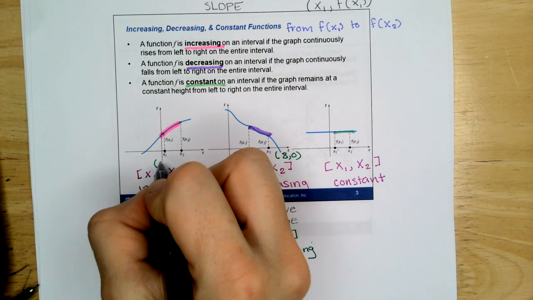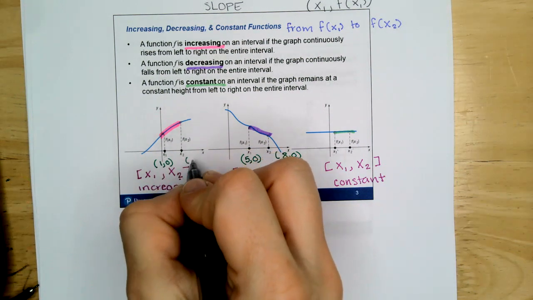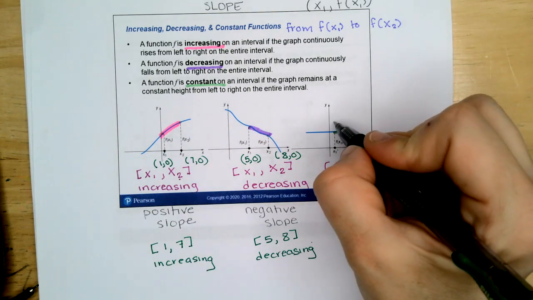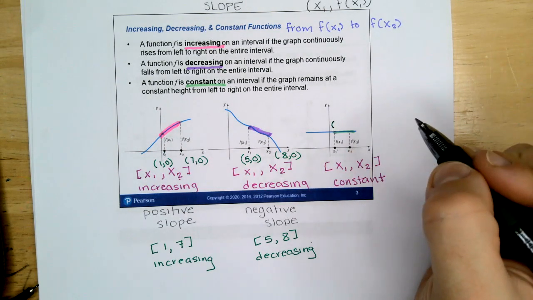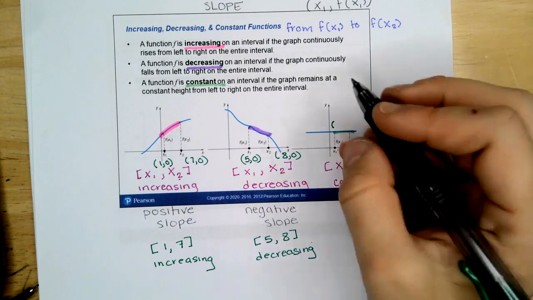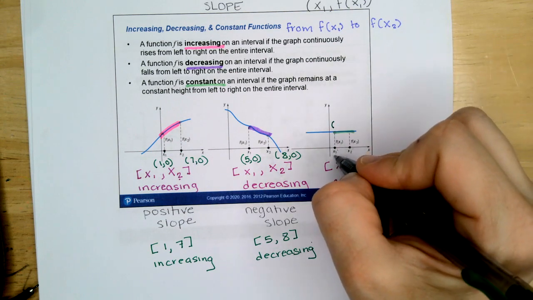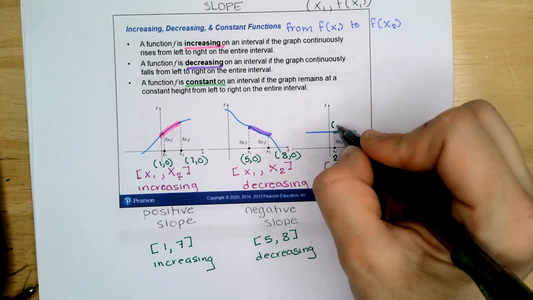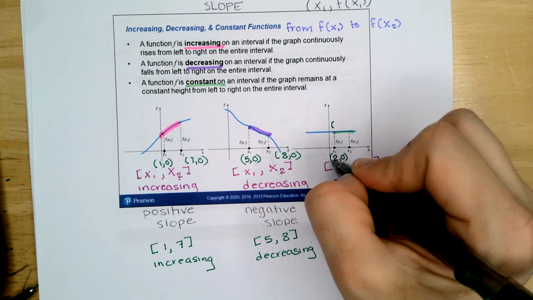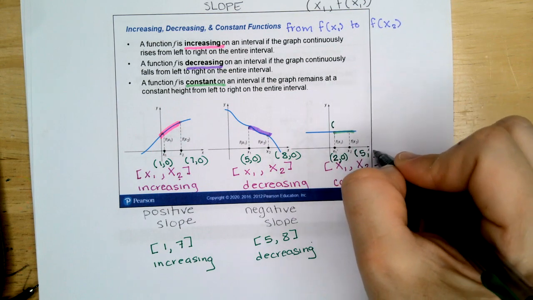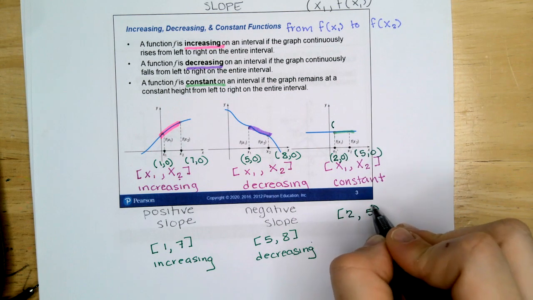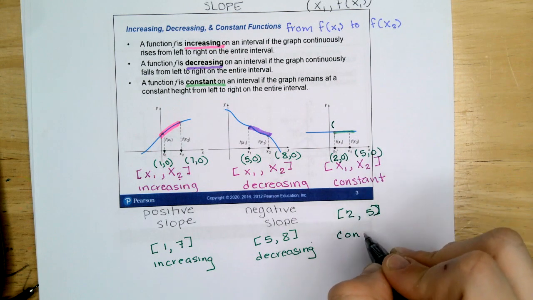So that's the point 1, 0, and that's the point 7, 0. So here's the point, maybe x equals 2. So we don't know what that point is, but this point is 2, 0, and this point is 5, 0. So it's from 2 to 5 included, it's constant.